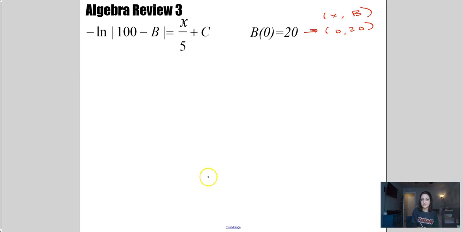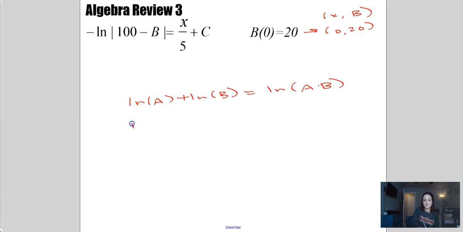I also want to remind you of some log rules. Remember that when two logs are separated with addition, I can bring them together using multiplication, because logs are the inverses of exponents, right? So when I have same bases and I want to multiply them, I add the exponents, right?